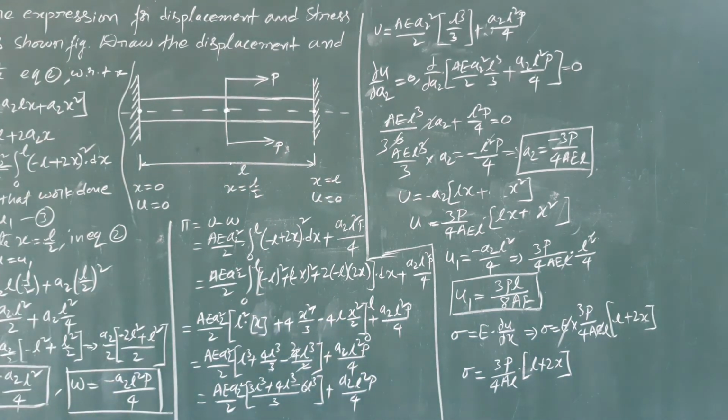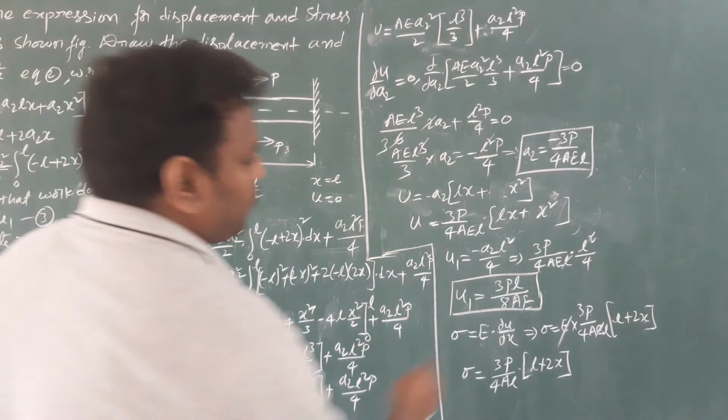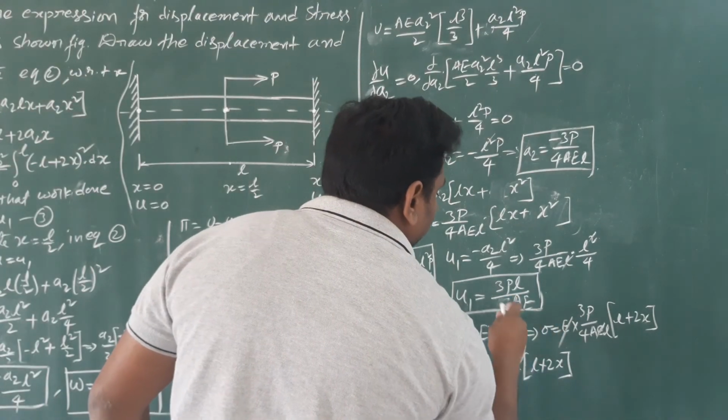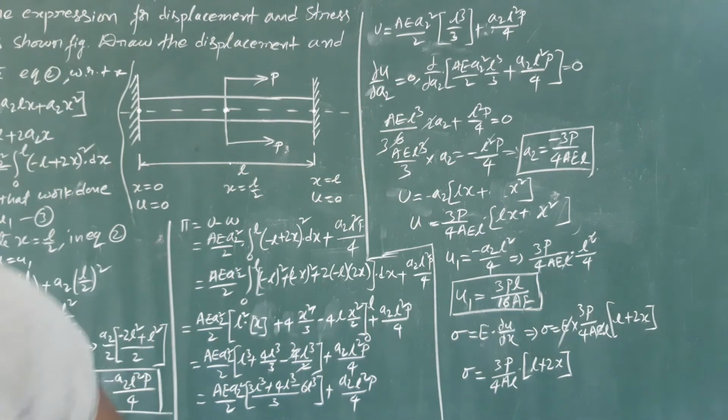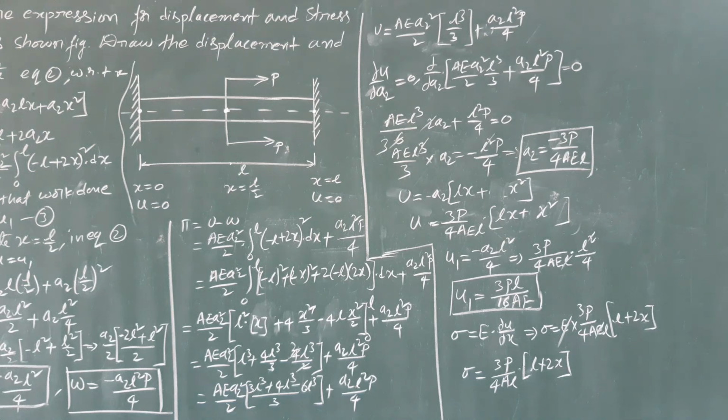That is the relation. Okay, 4 into 4 is 16. 4AL, L minus 2x. 3P by 4AL into L plus 2x.